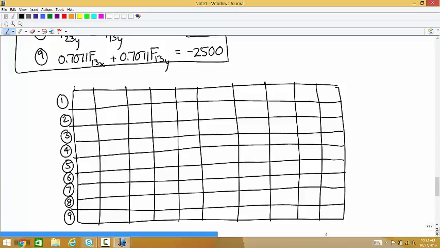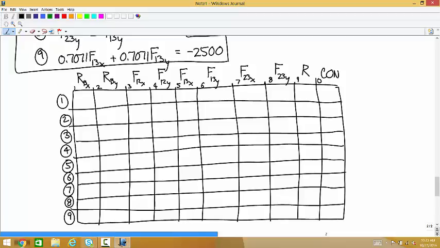Those are the variables. I'll label these in the order we had them before. So this is RBX, RBY, F12X, F12Y, F13X, F13Y, F23x, F23y, R, and the constant.